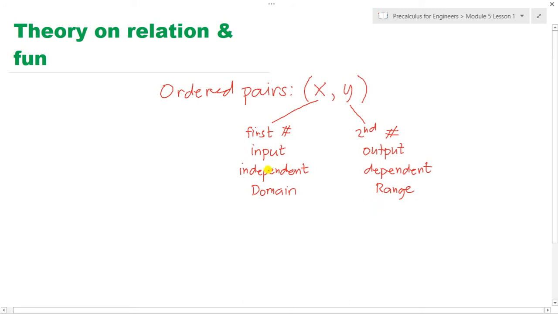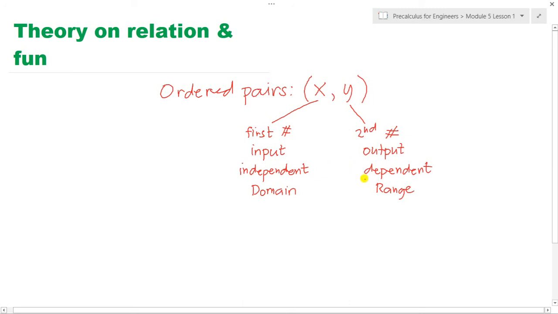So again, your first number is your input, and it does not depend on any other factors, and it is considered the domain because it leads your dependent variable. Whereas your second number, represented by y, is the outcome of your input, which is known as the output, and it always depends upon the value of your input.